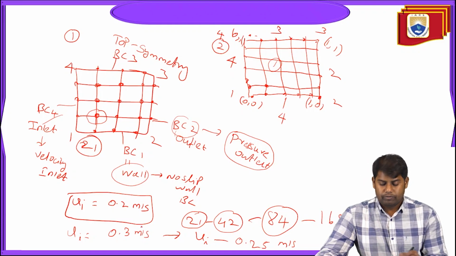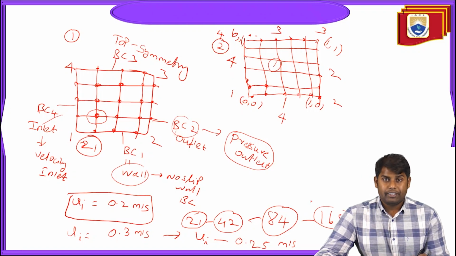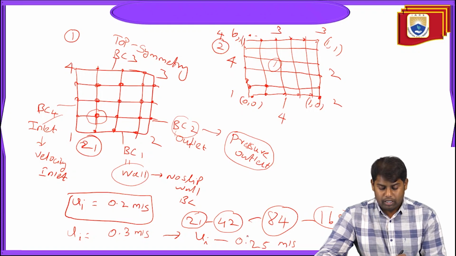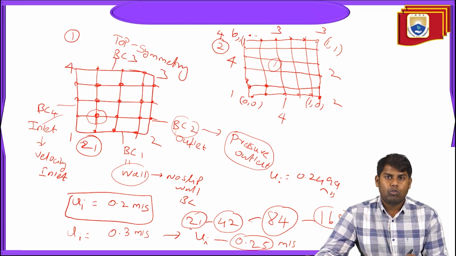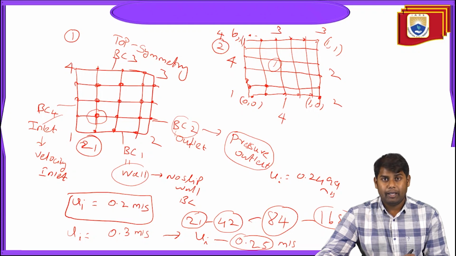Now when the simulation results are not changing, let's say u of i has come to 0.2499 meter per second or 0.2467, something like that. It will not match exactly, but it may come near to the previous one.